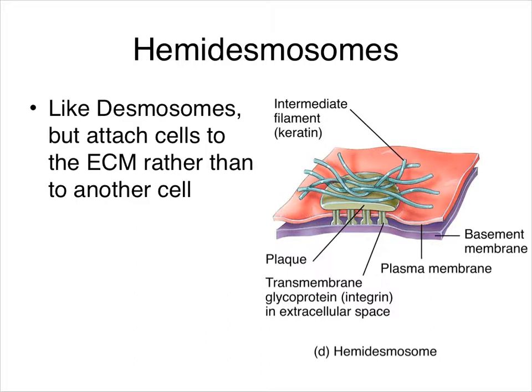So instead, we have these special proteins called integrin. Integrins are proteins that grab hold of these extracellular matrix cable proteins, particularly collagen, which is the main protein in the extracellular matrix.